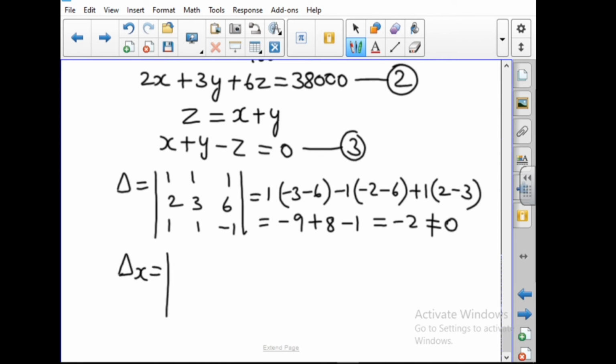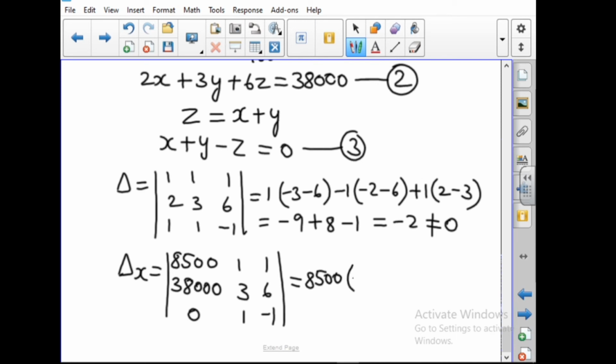Doing many problems, you can easily go with the determinant. The first column should be replaced with the constants: 38,000, 8,500, 0, 1, 1, 3, 6, 1, minus 1. Okay. So let us find out the answer. 8,500 into minus 3 minus 6, minus 1 into minus 38,000, plus 0.